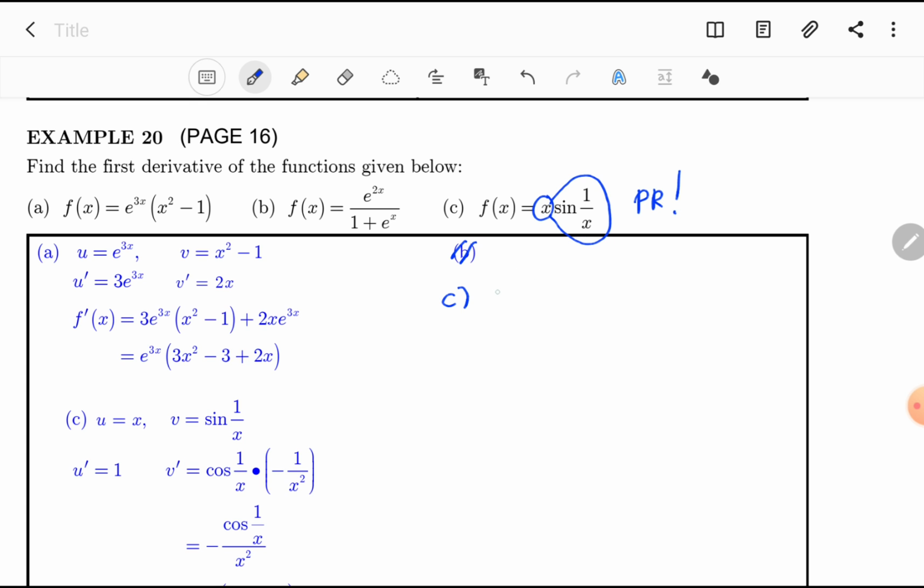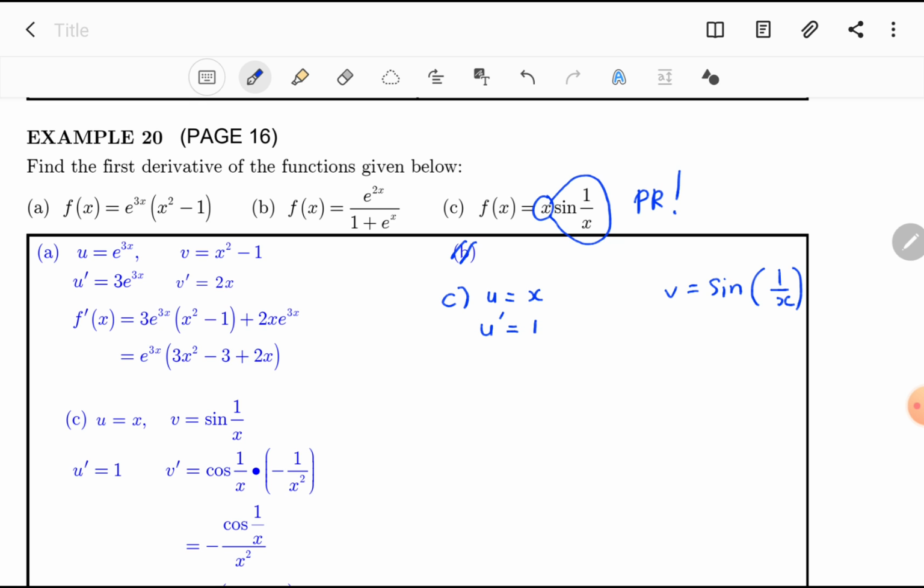So for product rule, we state what is u and what is v. U is x and v is sine 1 over x. Next, find u prime.